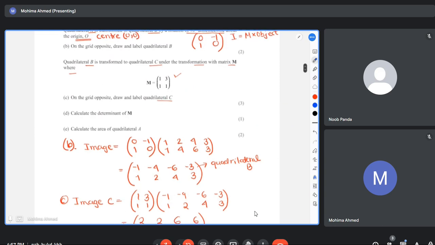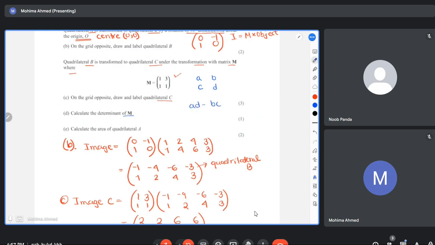It says that calculate the determinant of the matrix M. Now you can easily find out the determinant using the formula AD minus BC. That was the formula. For example, in this case, 1 3 1 1, right? This was in the format of A, B, C, D. For determinant, the formula is AD minus BC.